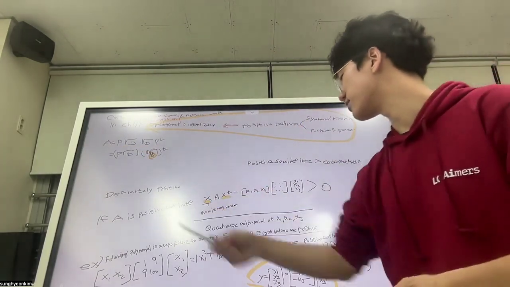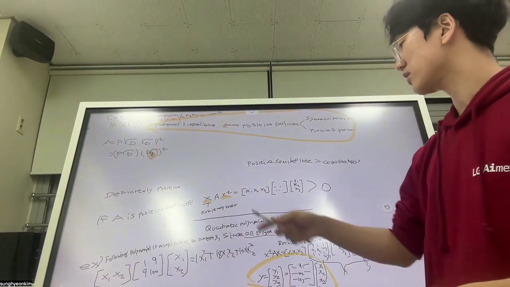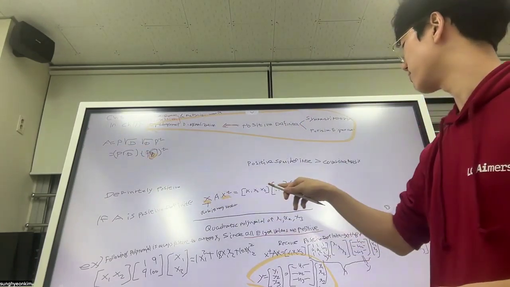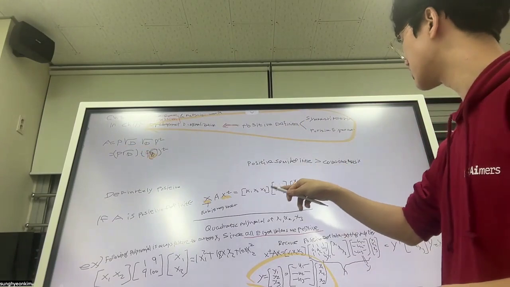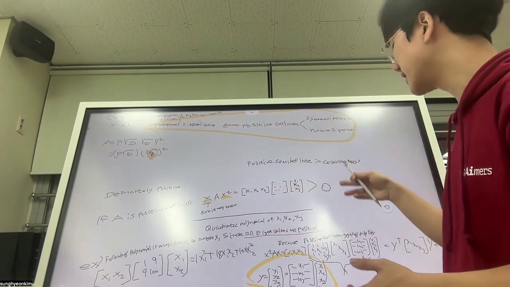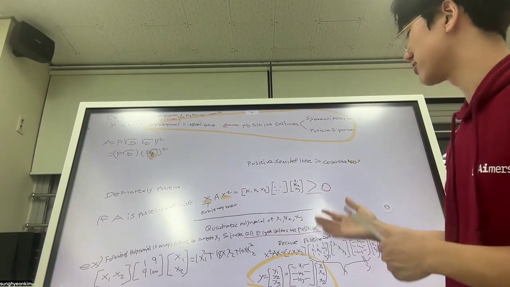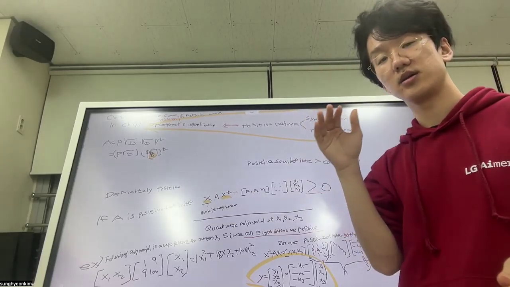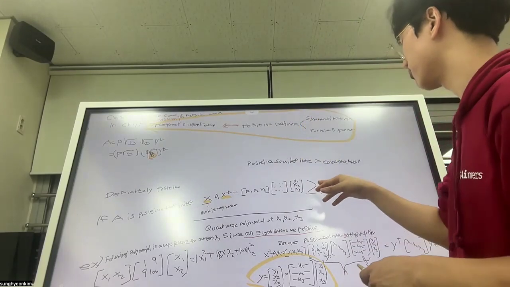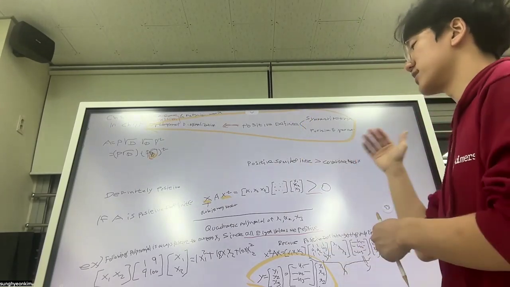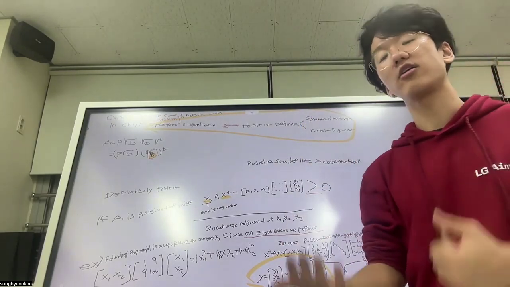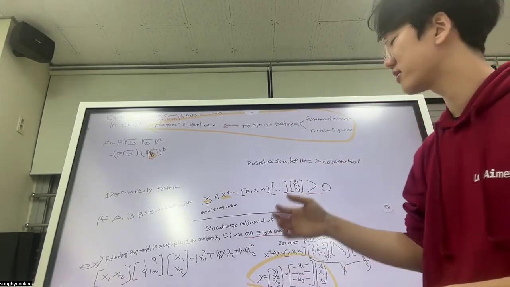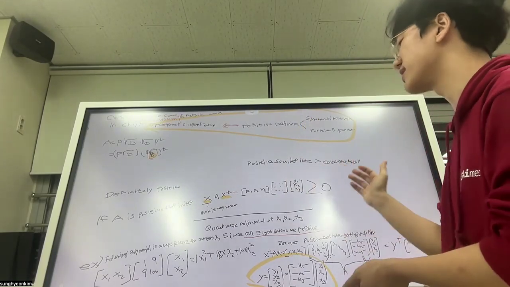If A is positive definite, then for an arbitrary nonzero vector x, x transpose A x will be bigger than 0. In positive semi-definite, it will be bigger than or equal to 0. If it is negative definite, then it will be smaller than 0. And if it is negative semi-definite, then it will be smaller than or equal to 0.